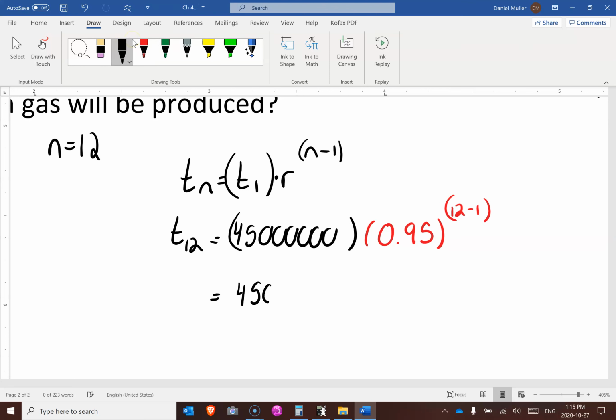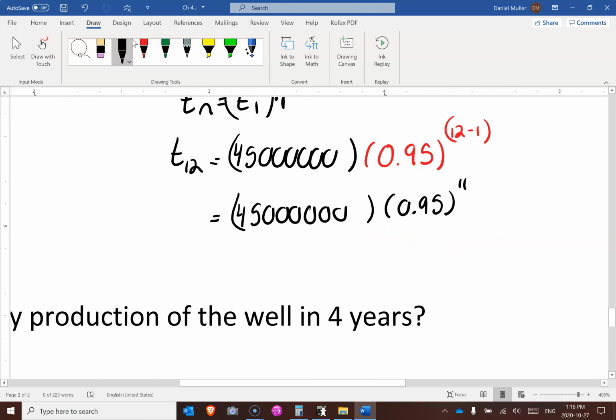So 45 million times 0.95 to the 11. So that's going to be an interesting number, which means I don't know what it's going to look like. I'm going to just put it in a calculator and see what it says.